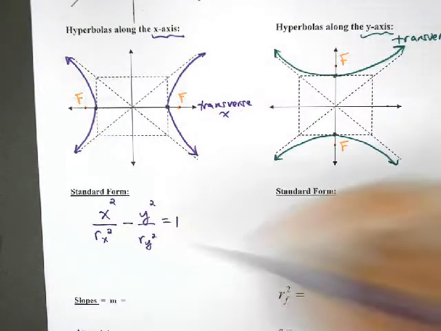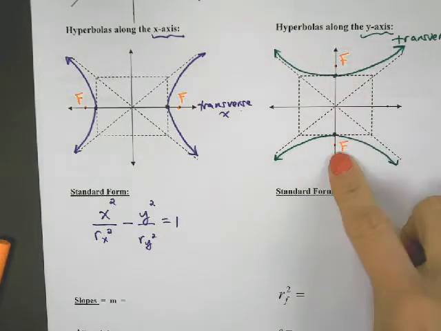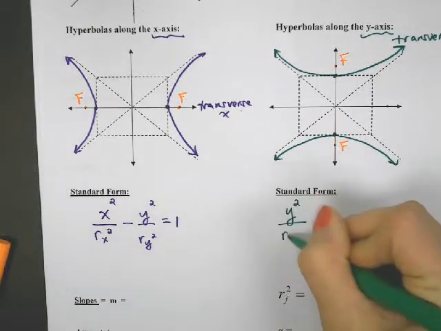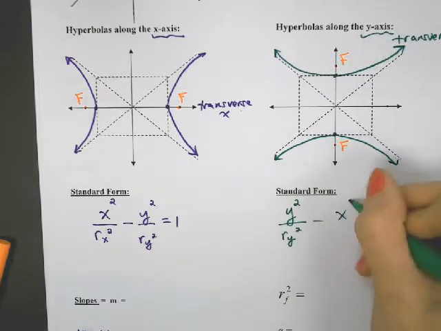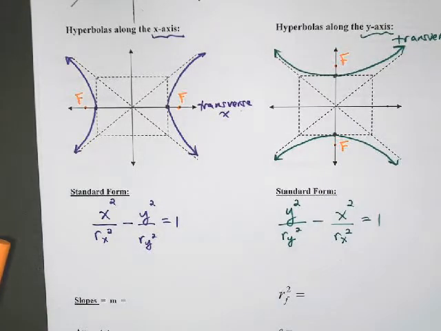Remember, hyperbola is the only shape that has the minus sign. If it has a plus, then it's an ellipse. If you're going up and down, then you start with y squared over r sub y squared, so y's still go with y's, minus x squared over r sub x squared equals 1. That's the standard form depending on the shape.